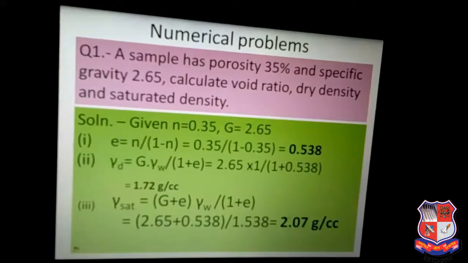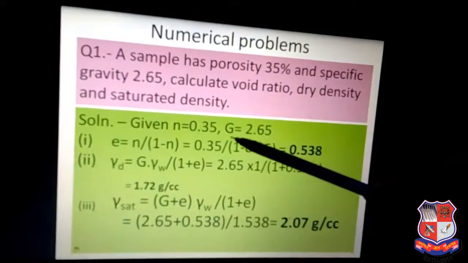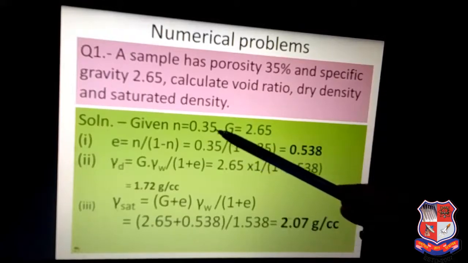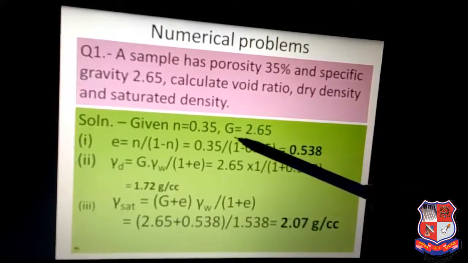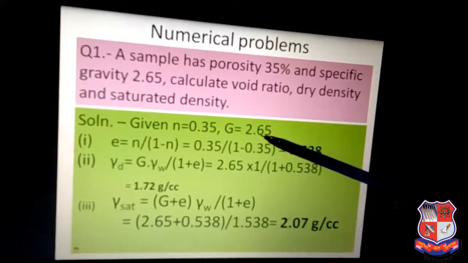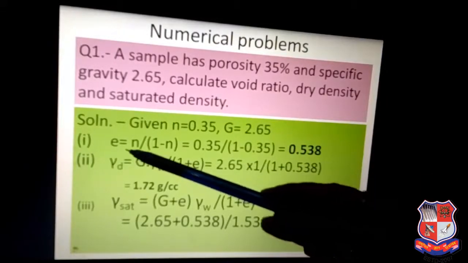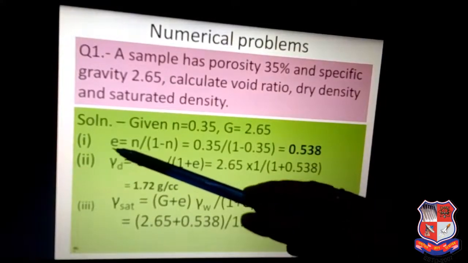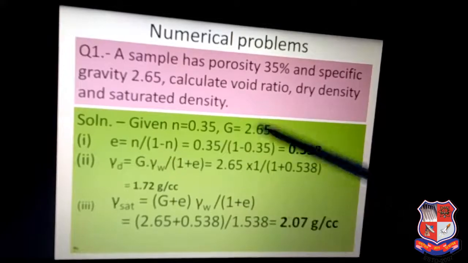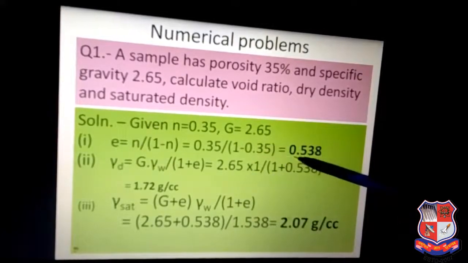To begin the solution, you can see here the given parameters are porosity 0.35 and specific gravity G 2.65. So from this we use the relationship between E and N, E equal to N upon 1 minus N, and putting these two values we get 0.538.